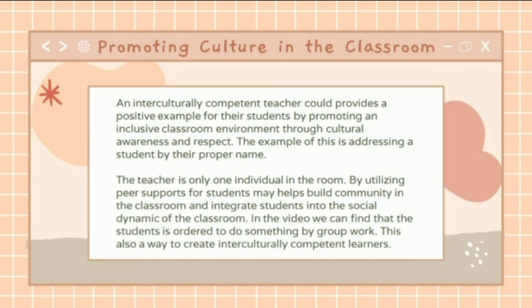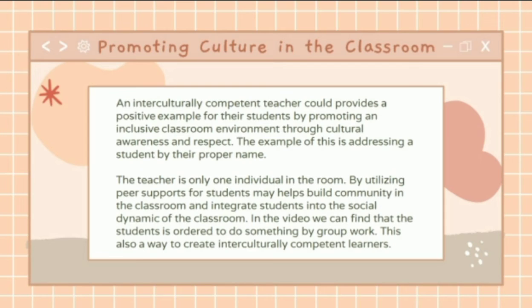So the last material here is going to talk about point of view in the classroom setting. The first one here is promoting culture in the school and classroom. An interculturally competent teacher could provide a positive example for their students by promoting an inclusive classroom environment through cultural awareness and respect.